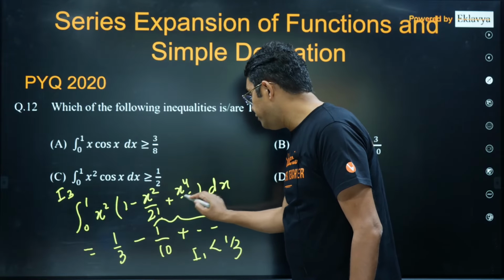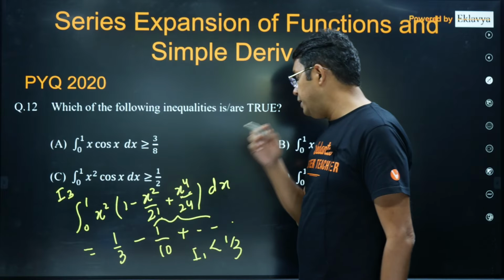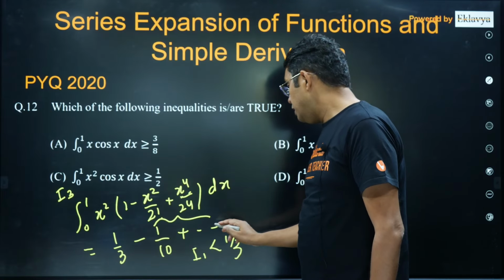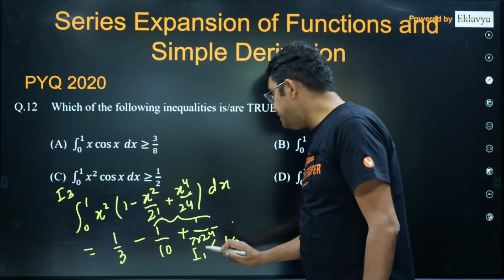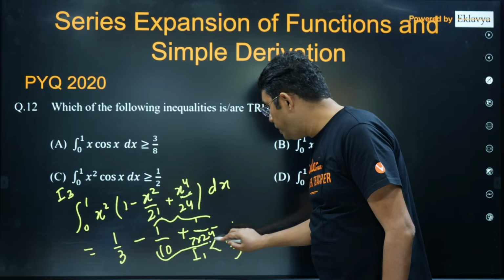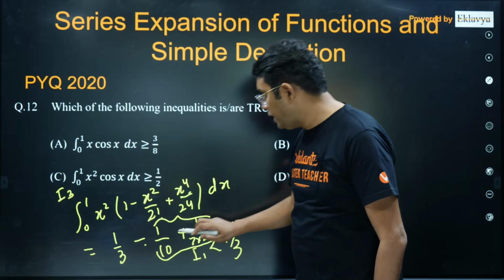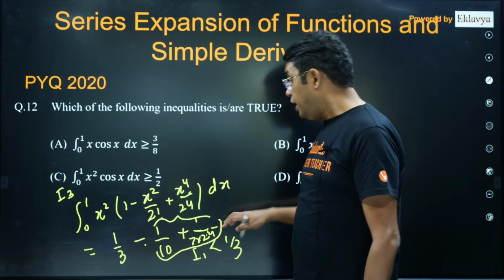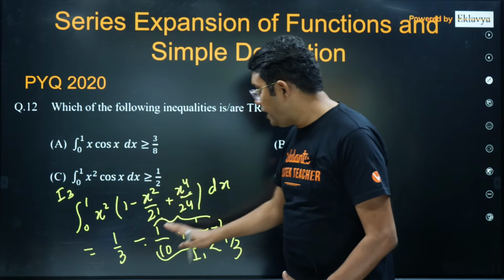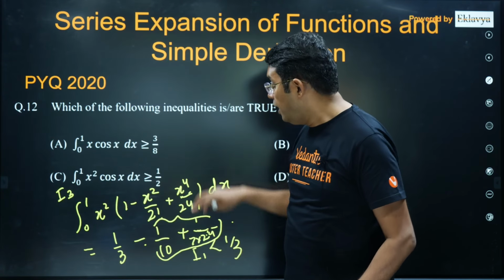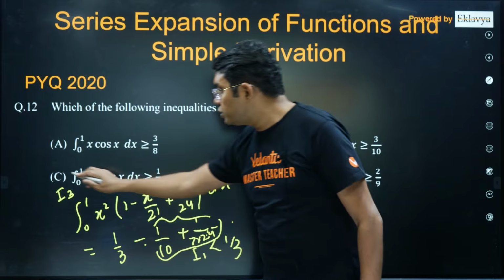If I write x power 4 upon 24, it will be 6, so 7, so it will be 1 upon 7 into 24. Now you can easily see these two terms have to be negative, because this is with a negative sign, then this is with a positive sign. Other terms can likewise be said to be negative. So this I3 has to be less than 1 upon 3, but they are saying it is greater than 1 by 2, so that is wrong.